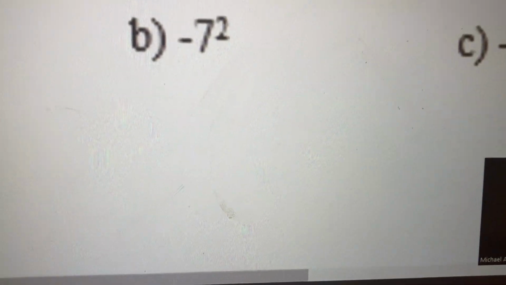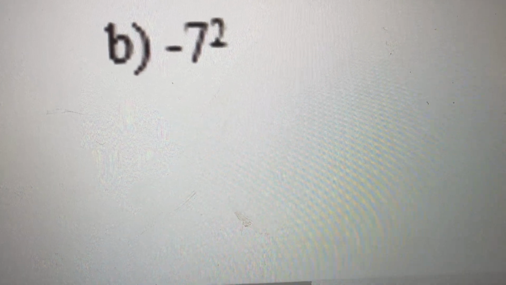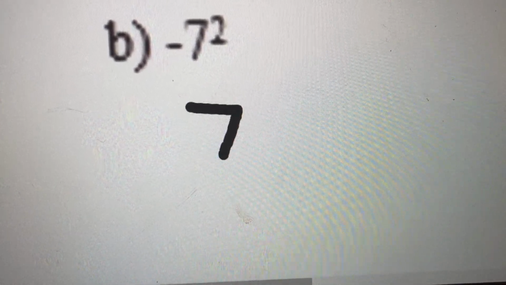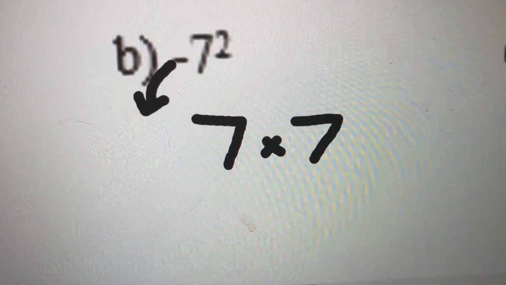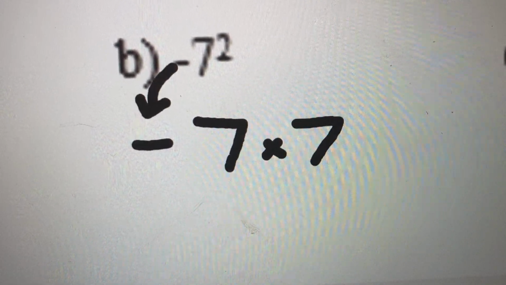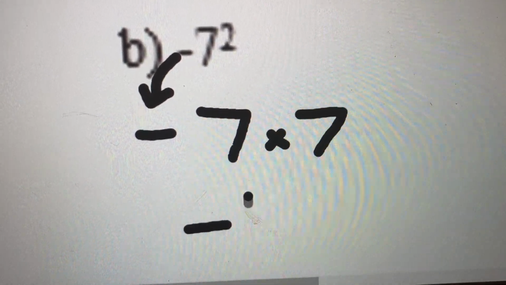In the next case, the thing that's immediately below the 2 is the 7. So we have two 7s that are multiplied together, and then we bring down the negative sign. So you multiply this, and it's going to be negative 49.